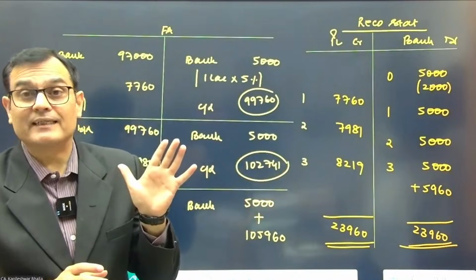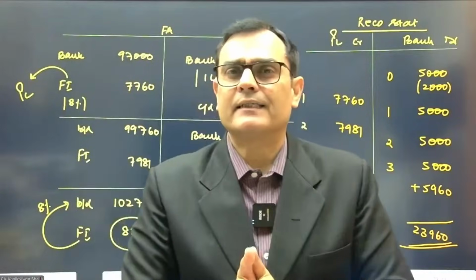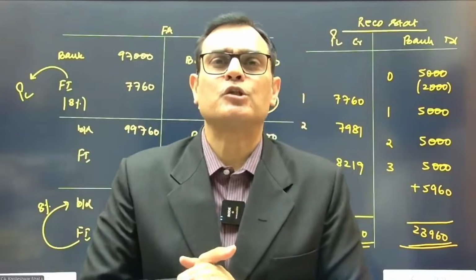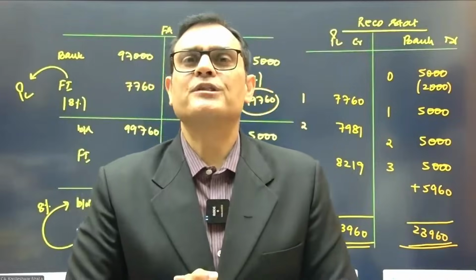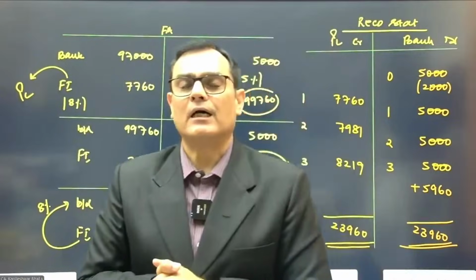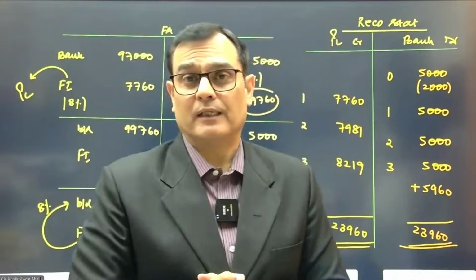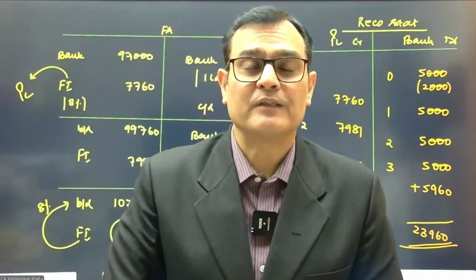I hope, friends, I stand absolutely clear on my thoughts. This entire concept is called the amortized cost approach using the concept of effective interest rate, that is called EIR. It's applicable in terms of Ind AS 23 as well as Ind AS 109.